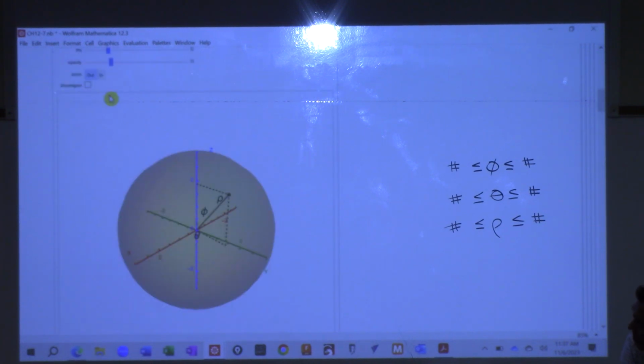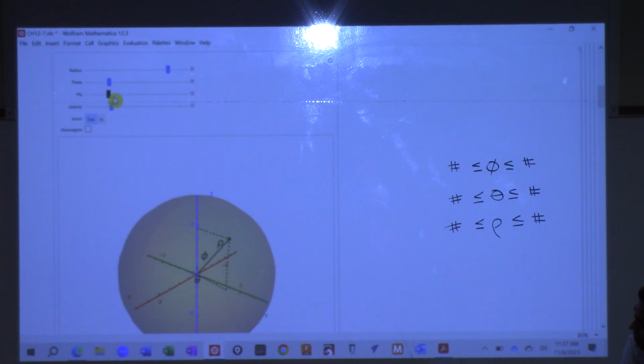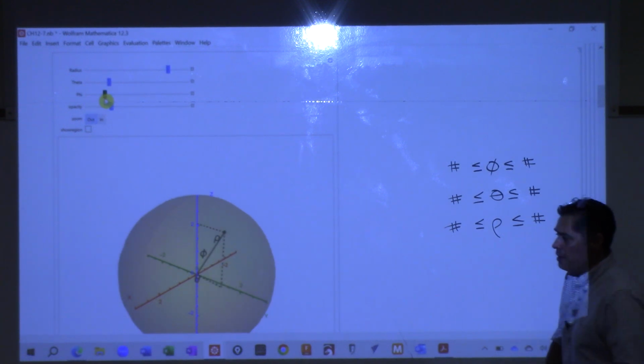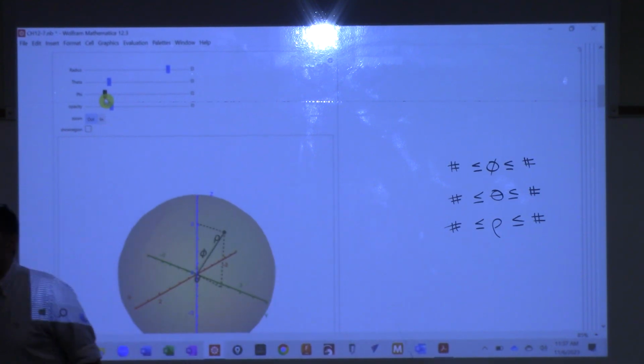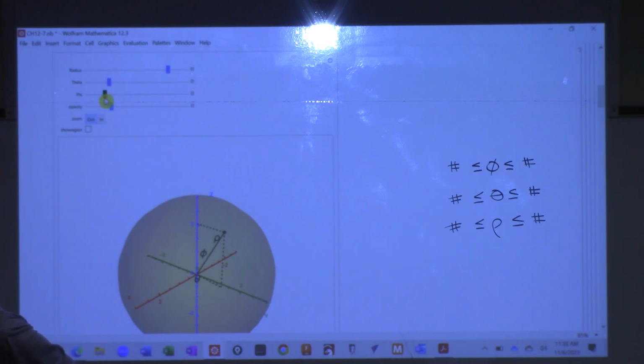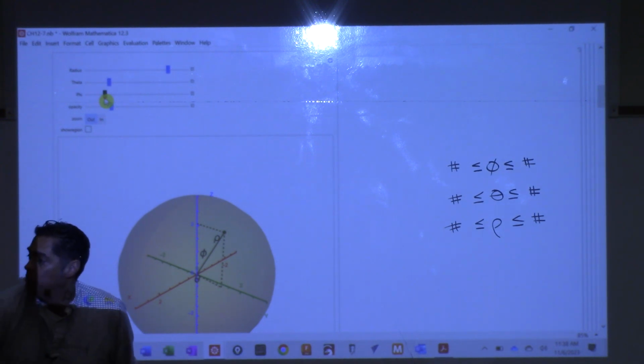Oh, I need to say something first about phi. So here's your phi. That was you pointing up and down. The restriction on phi is that it can only go from 0 to pi, not all the way around.